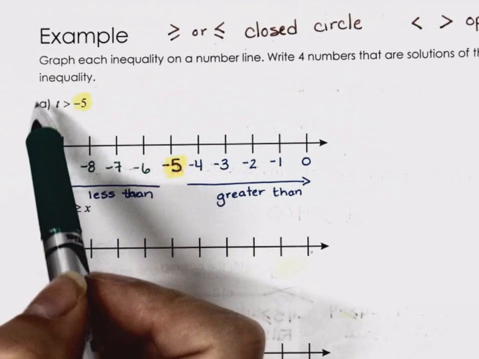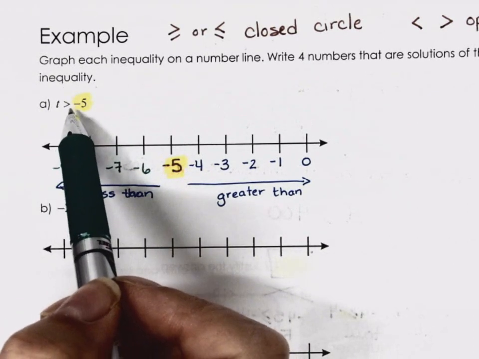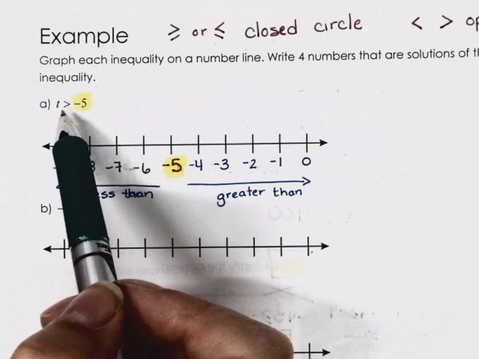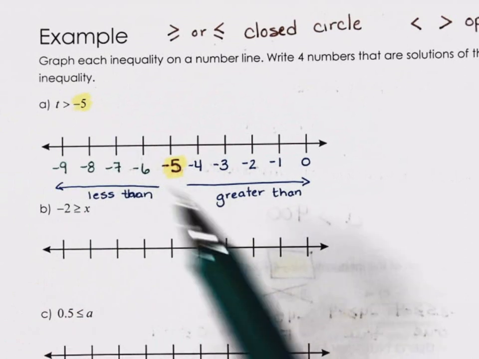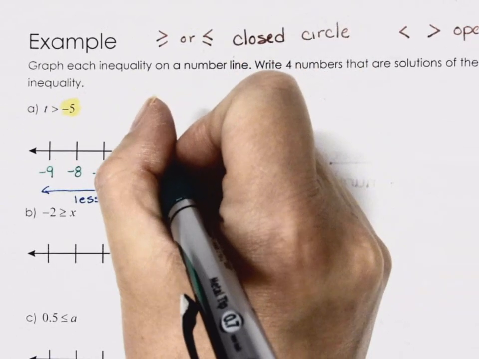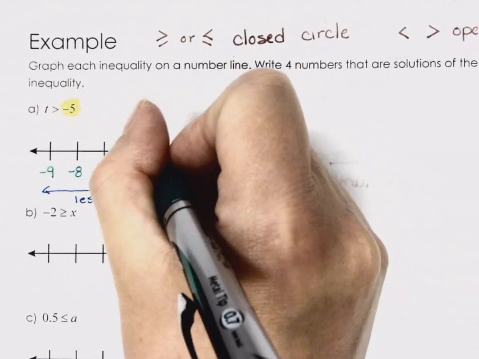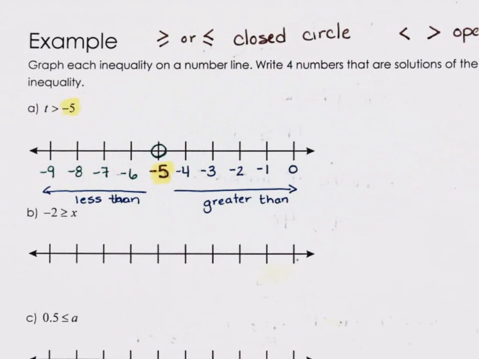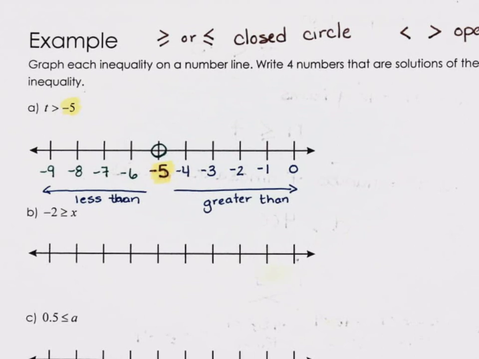So if we want to put this inequality on a number line, does it have the equal to sign? No, it doesn't in the inequality. So that means we're going to use an open circle at -5. Open circle at -5. It doesn't have the equal to sign, so open circle. And t has to be greater than.